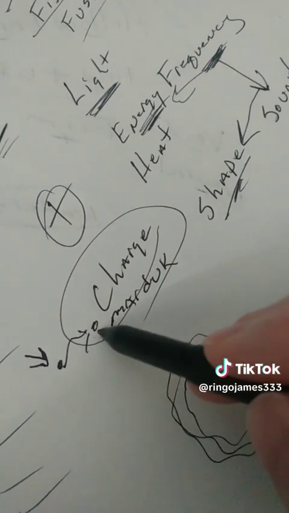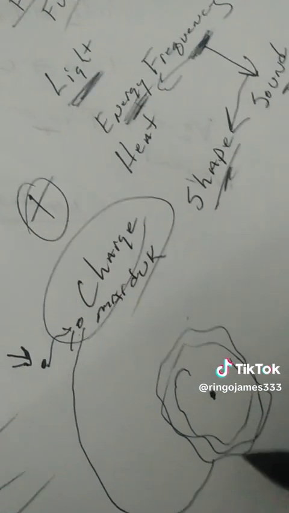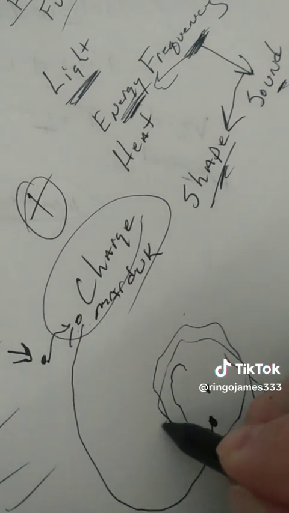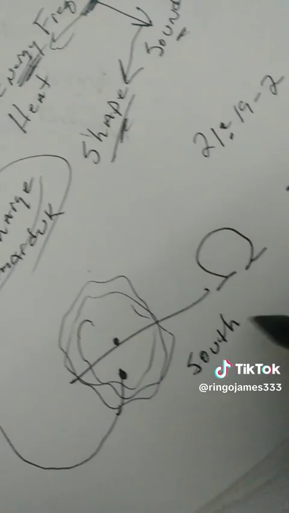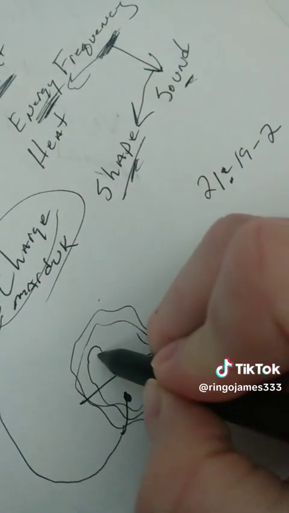And it began its rotation. Boom. Its orbit. It had an orbit, but guess what happened? Boom. It became the South Pole. The negative charge of matter. So all these things come about.